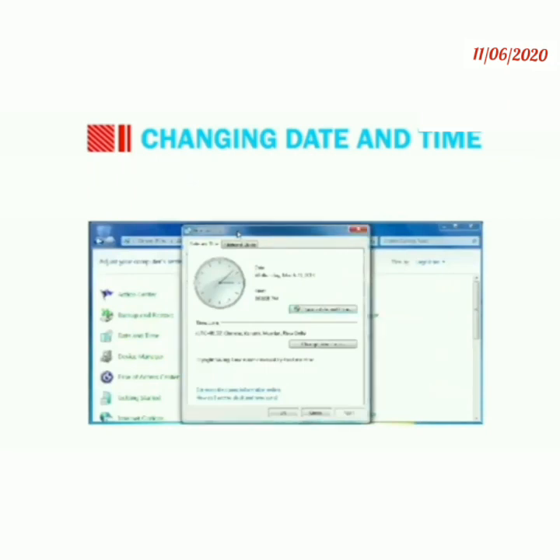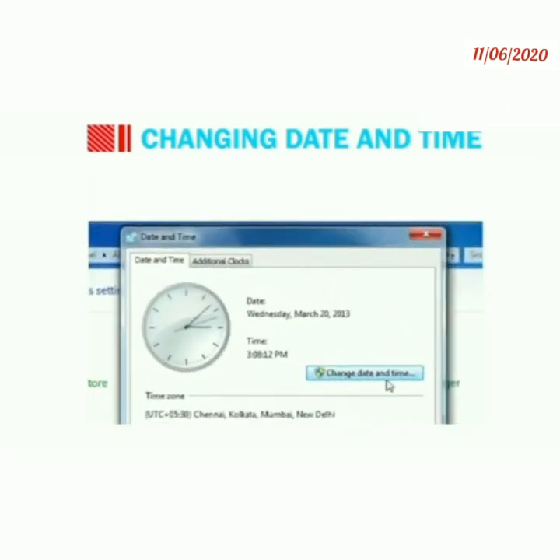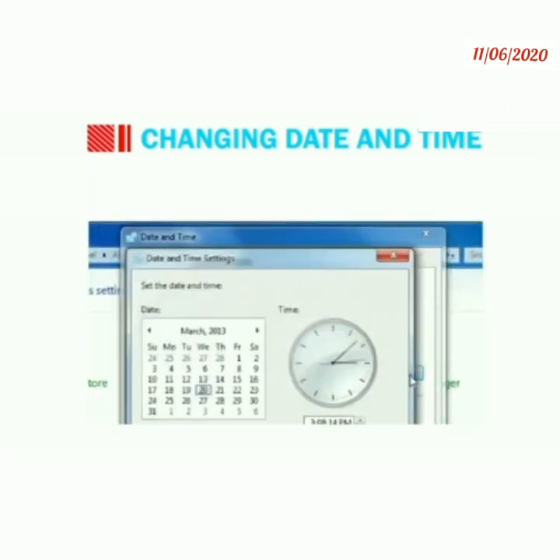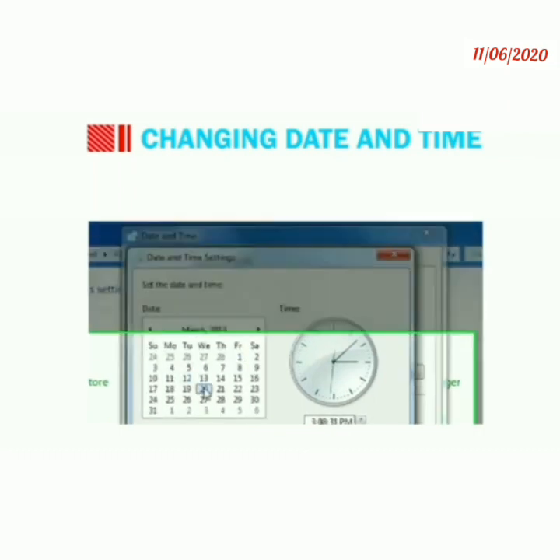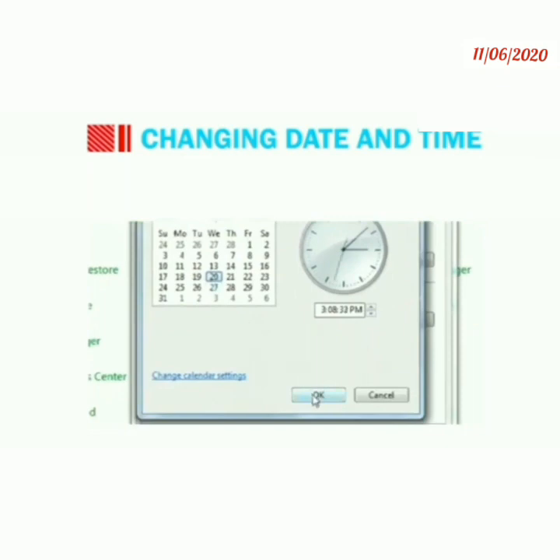Click on the change date and time tab. The date and time settings dialog box will appear. Then, my dear children, select the current day in the displayed calendar. You can change the month using the forward or backward arrow buttons present in the calendar. Now, click on OK button.